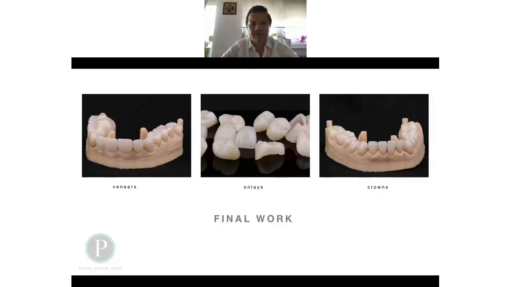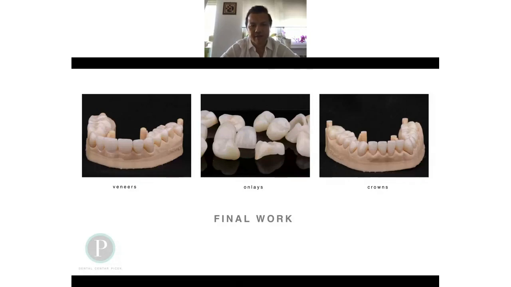And when they get the unit from the wax, they press it, and it is the normal analog way of producing pressed ceramic. So I think it's a very good outcome. Which way they will do, I leave to my dental technician.